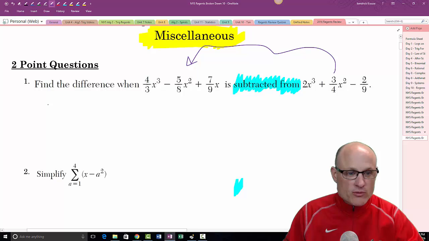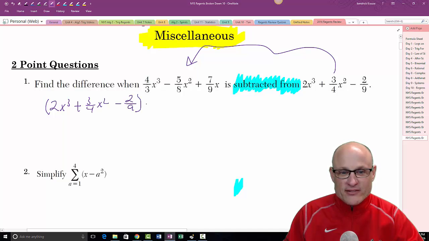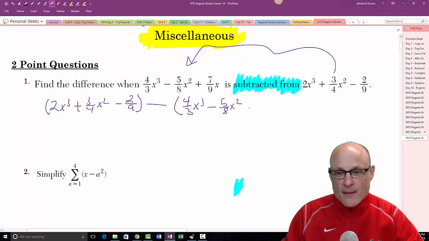You've got to do it backwards. So what we're really going to do is take 2x cubed plus 3/4 x squared minus 2/9, minus, now we're going to subtract off this whole thing, 4x cubed minus 5/8 x squared plus 7/9 x.